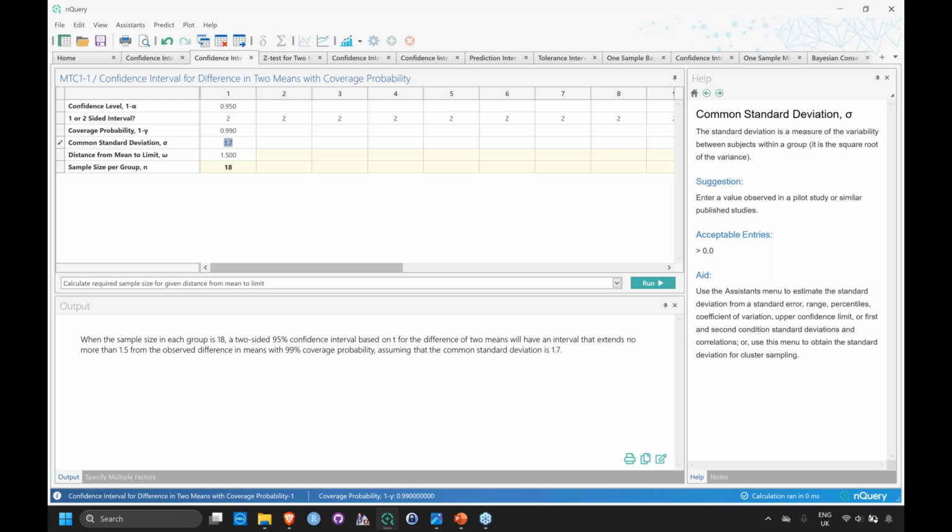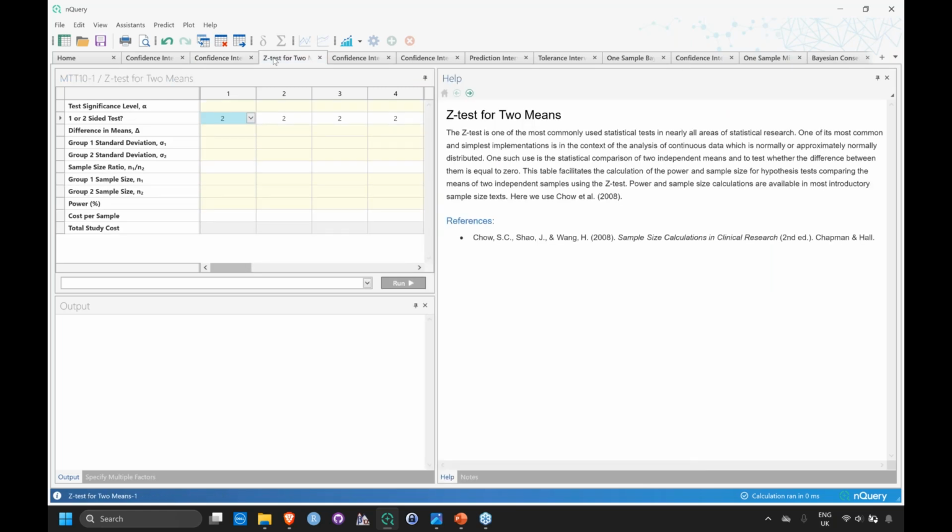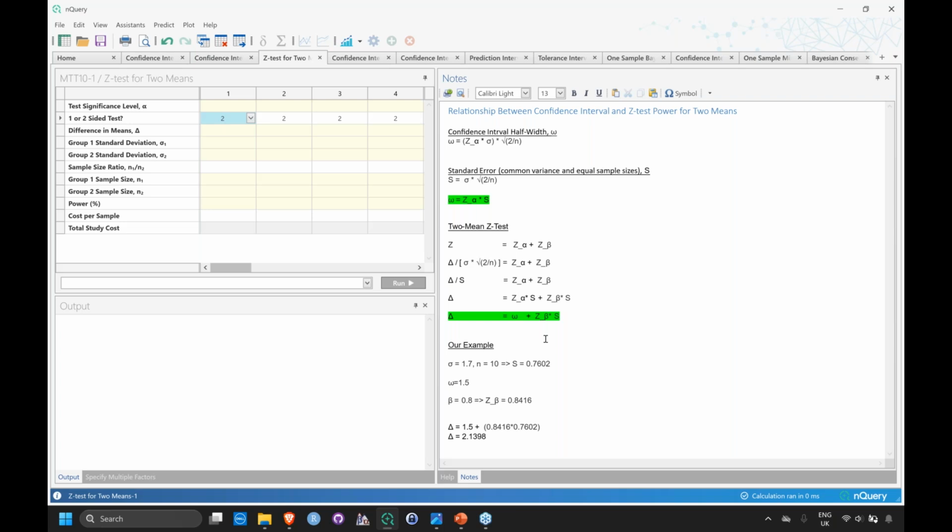Now, before we move on to another example, I said I'd just show you how this confidence interval procedure is related to a power calculation for a test like the two sample Z test. So I'm just going to open some notes that I've prepared in the tab here. And I've rearranged the sample size formula for the confidence interval to get the half-width omega on its own.